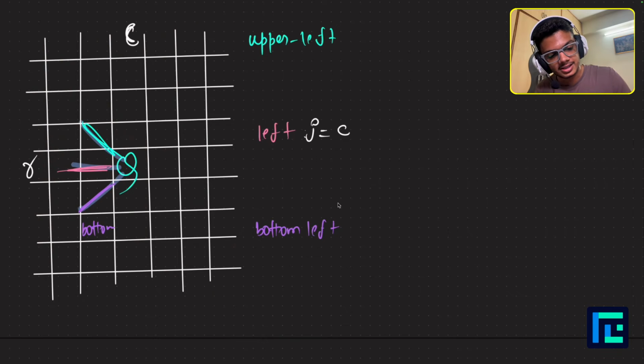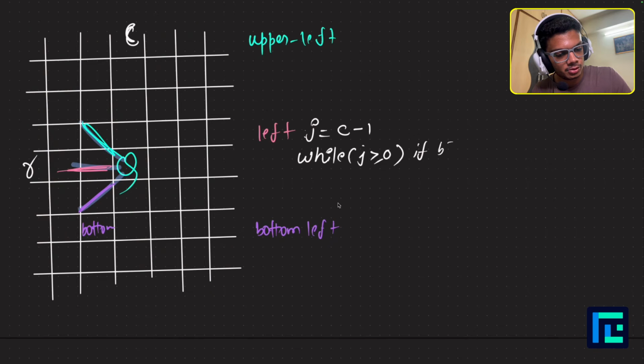So you can initialize j equals c minus 1, and while j is greater than or equal to 0, that is, we have not gone out of bounds, you can check if board of row r, with the column that you're checking, has a queen.